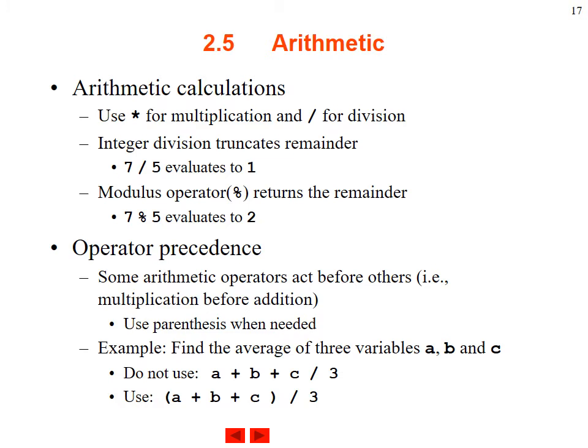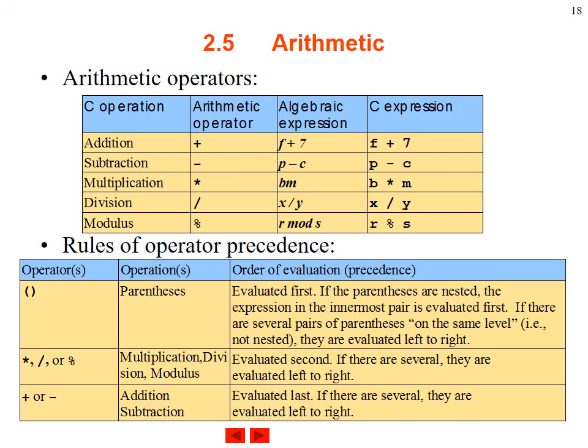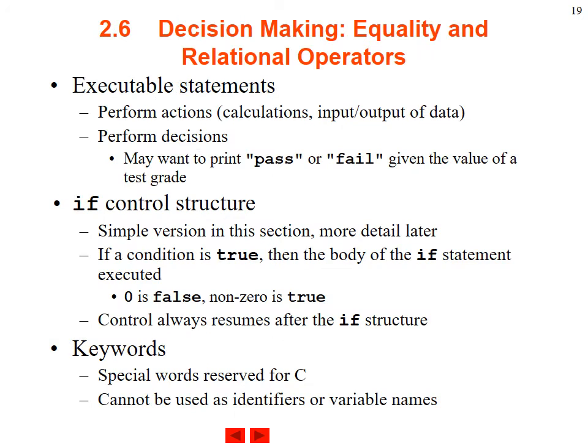If you want to divide everything by 3, make sure you put your brackets. So these are arithmetic operators. Okay, we don't have to do much on that, multiplication, division, and the like.